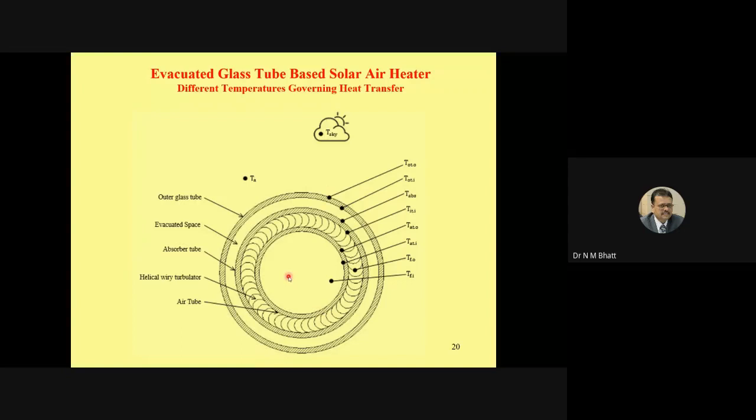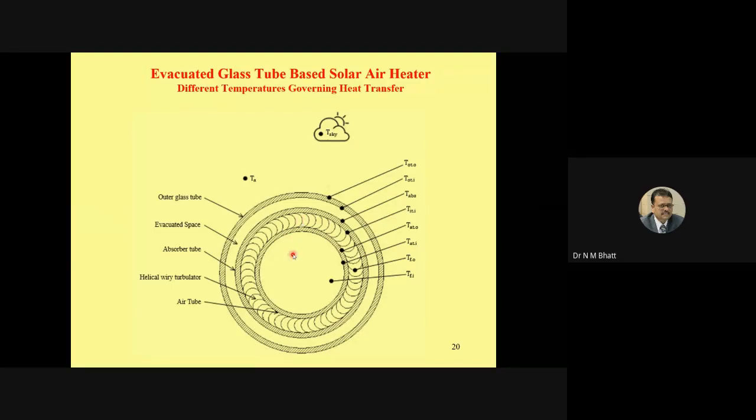So air is heated while flowing from one end of the air tube, or open end of the collector, to the close end of the collector. It will take a U-turn and be further heated while moving from the close end of the evacuated tube to the open end of the evacuated tube.